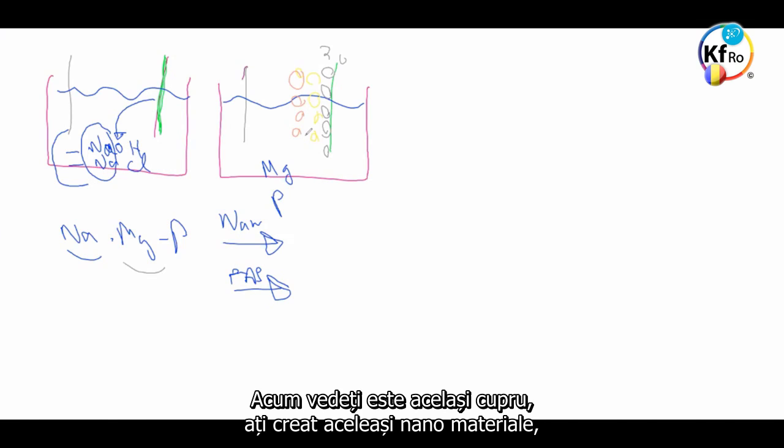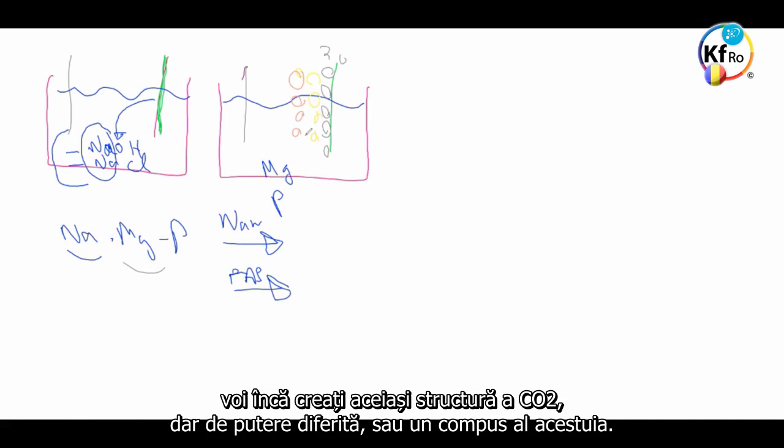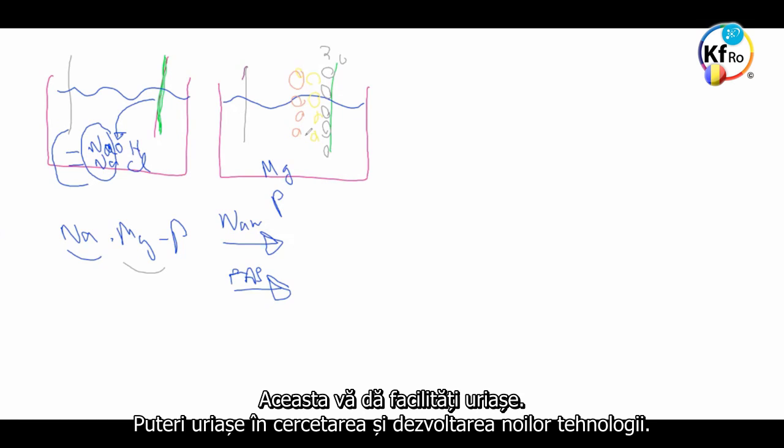Now you see it's the same copper, you created the same nanomaterial, you still create the same structure but of different strength or a composition of. This gives you huge facilities, huge strength in research and development of new technologies.